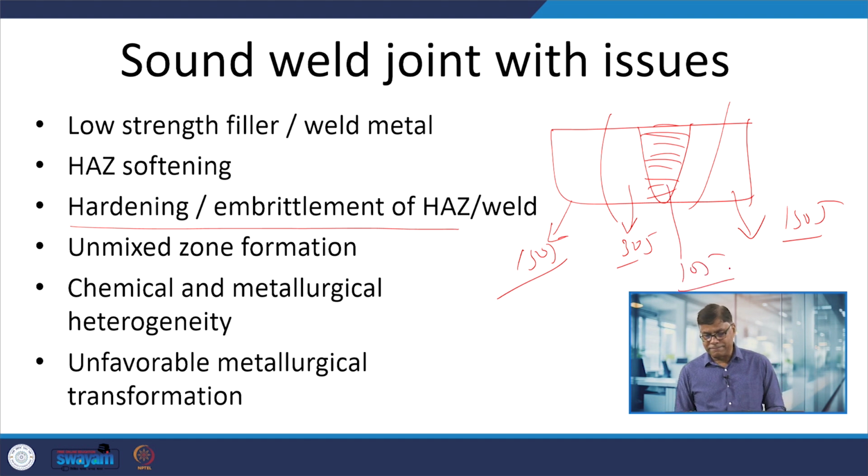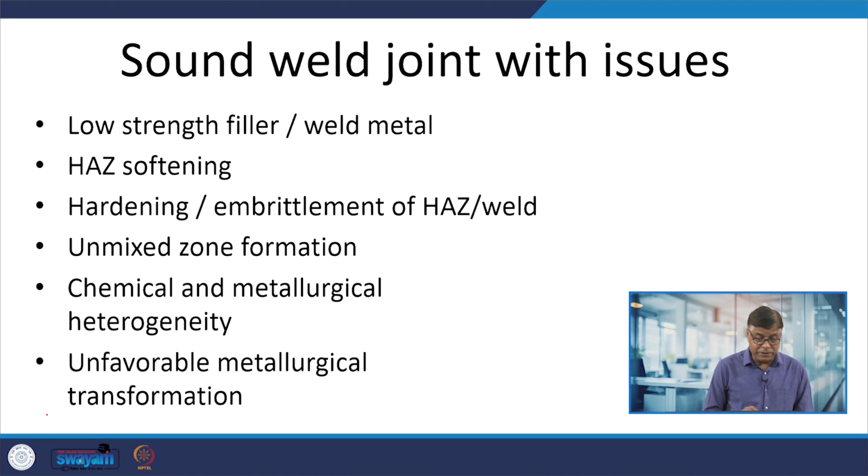In this case, this kind of the weld metal will not survive the impact conditions and it will fail in very brittle manner catastrophically. So, the joint is sound, but the property degradation which has taken place due to the improper use of the welding procedure will lead to the compromised mechanical properties in terms of the excessive hardening or embrittlement of the weld metal or of the heat affected zone.